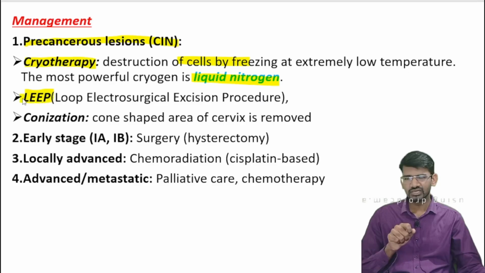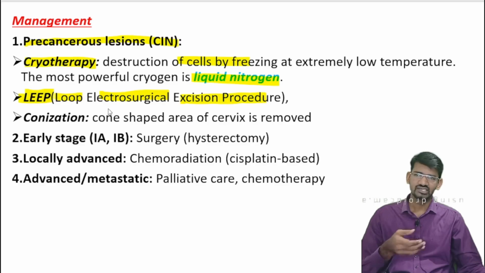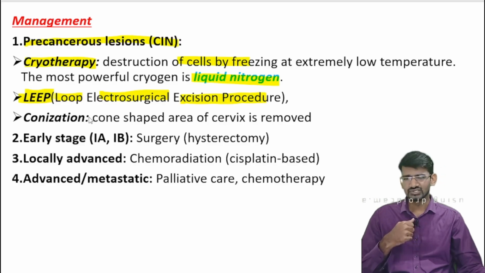And we have another method, that is LEEP. LEEP means loop electrosurgical excision procedure. If the tumor size is very small, with the electrosurgical method we can excise it or remove it from the cervix.